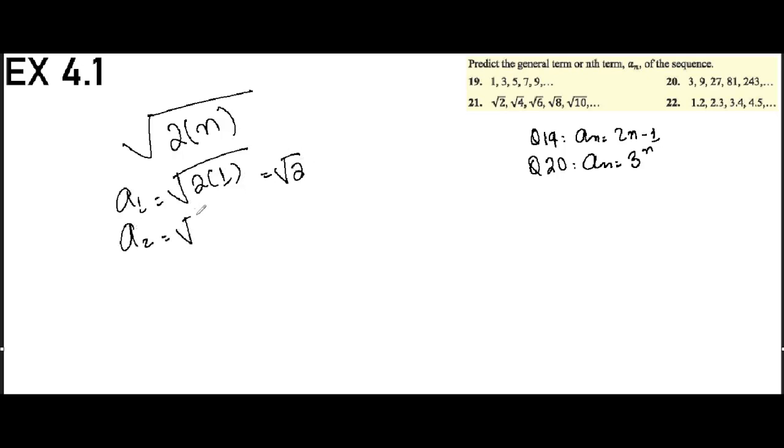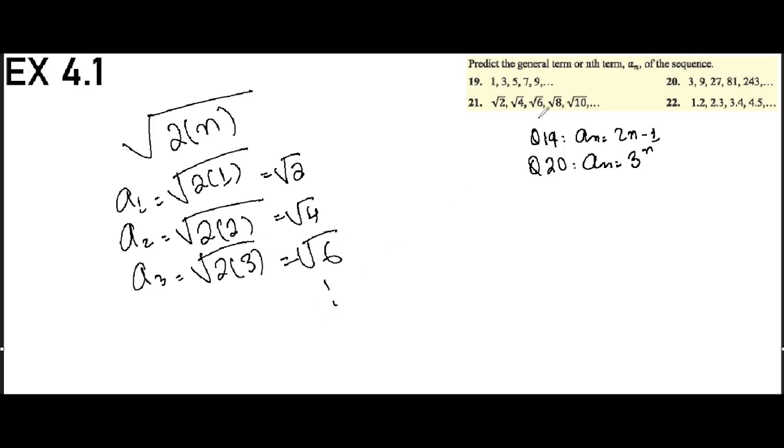Then a2 equals square root of 2 into 2, so it is square root of 4. Then a3 equals square root of 2 into 3, which is square root of 6. So for question number 21, a_n equals square root of 2n.